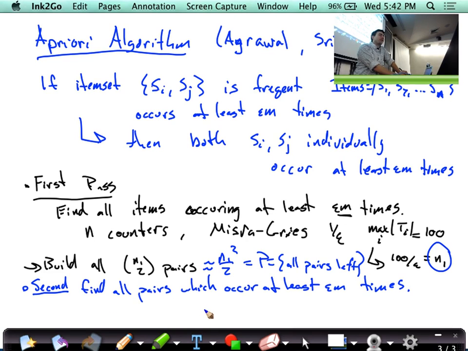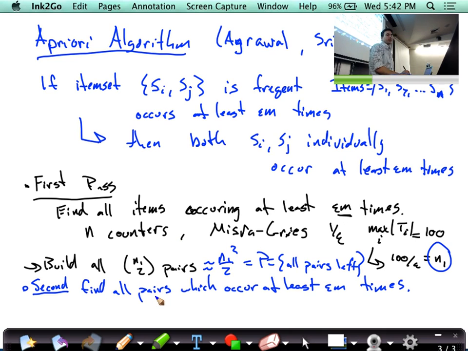Now if I want to find triples that occur together, I know each of the sub-pairs must also have occurred together. Once I found these pairs, I know all the pairs I found are all the interesting pairs, because if a pair occurred a lot together, it would have required that both of its individual elements had occurred a lot.